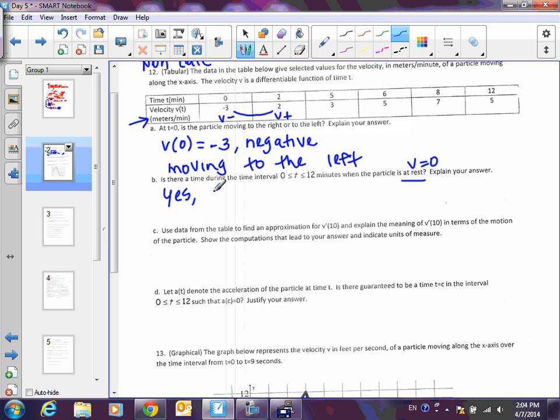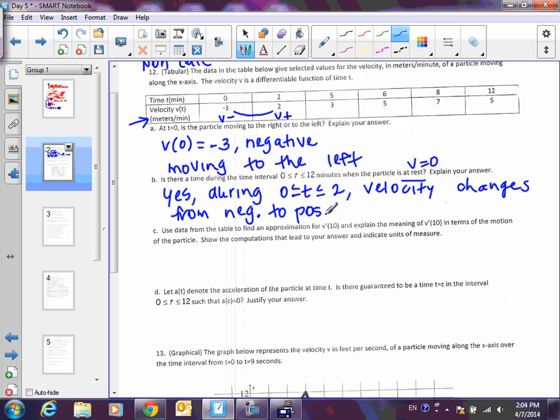And I'm going to say during 0 is less than or equal to t is less than or equal to 2, velocity changes from negative to positive. So V must equal 0.